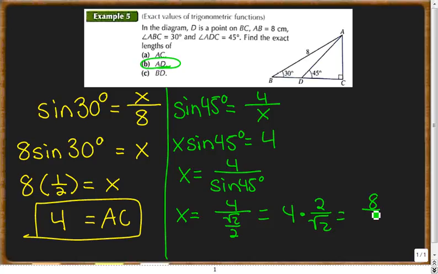And this is going to be 8 over the square root of 2, which, if we rationalize, we multiply by the square root of 2 on top and bottom, and we get 8 square root of 2 over 2, which is 4 times the square root of 2. Because we had that square root in there, it added quite a few steps, but you're not always going to have that with trig problems. But we know that that is going to be AD now.